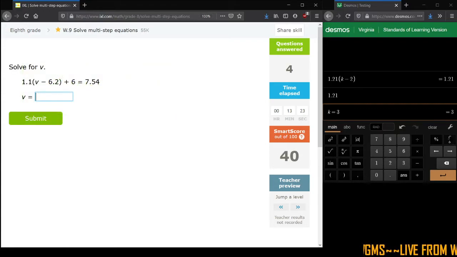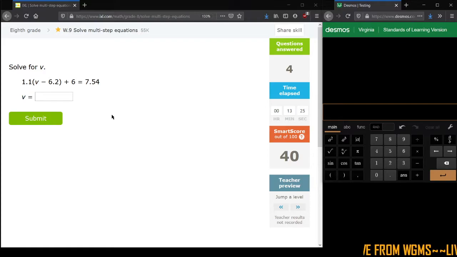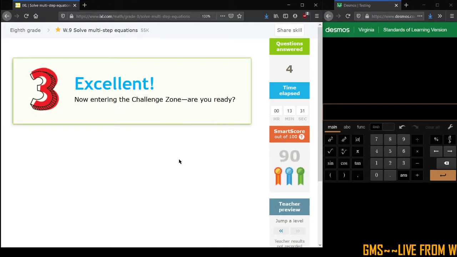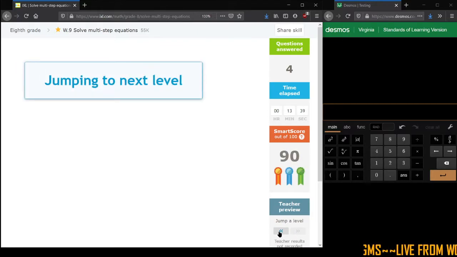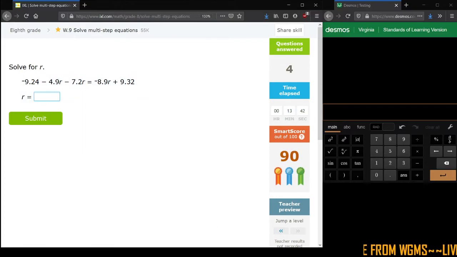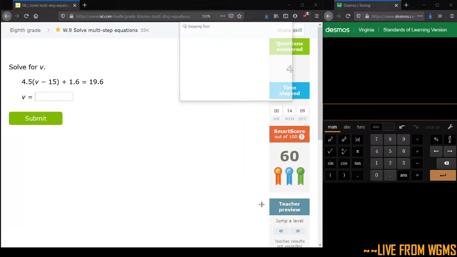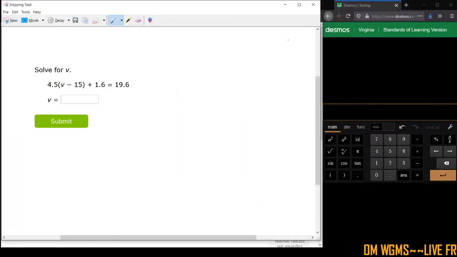Moving on, can I bump it up a little bit further? I kind of want to get some variables on both sides without going too far here. So for this one, let me clear this out. Now I want to distribute, combine like terms, manipulate the variable.